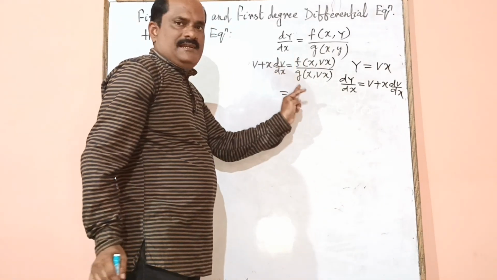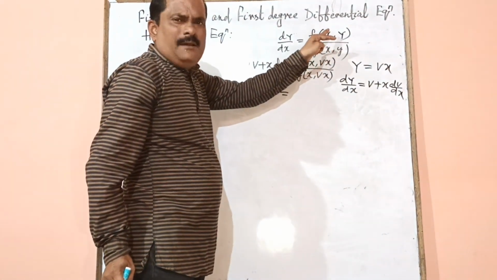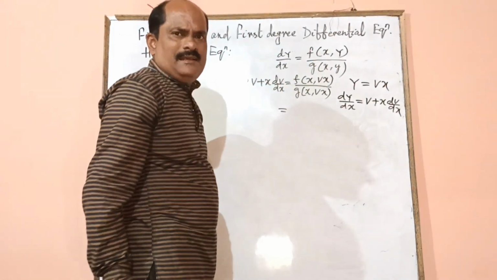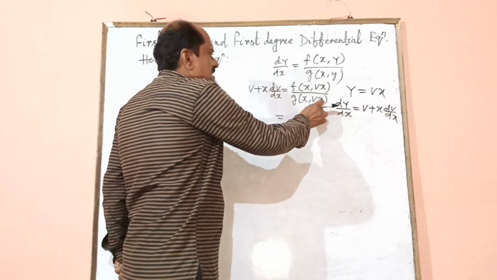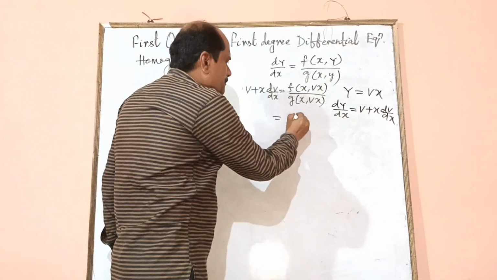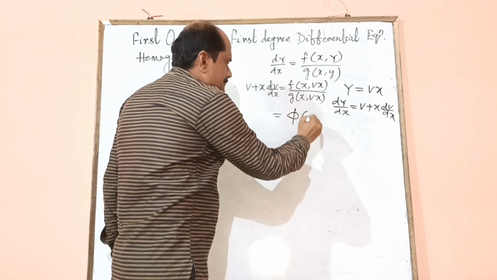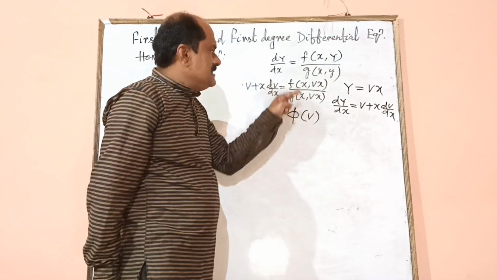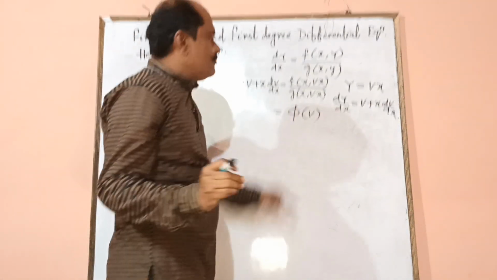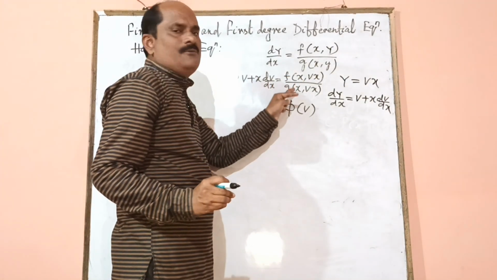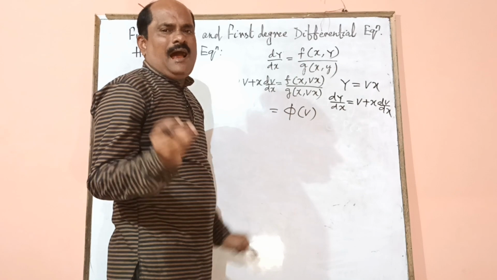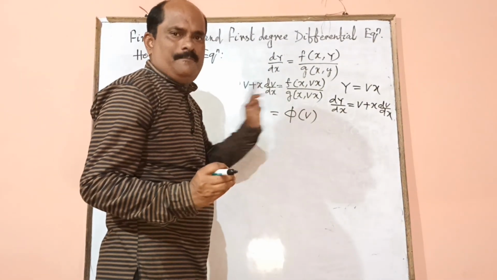Please see the right hand side. Since both f and g are homogeneous functions of the same degree, x must cancel from numerator and denominator, and the right side is only a function of v. I take it as phi(v).